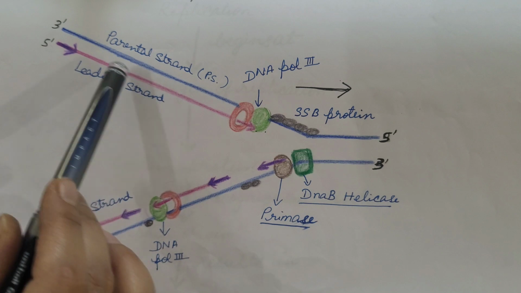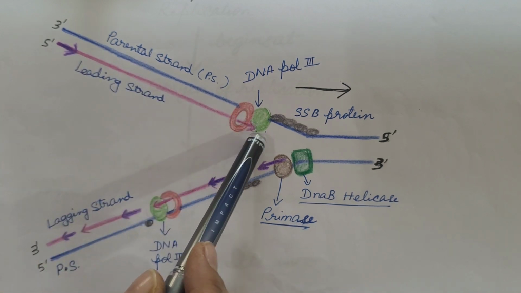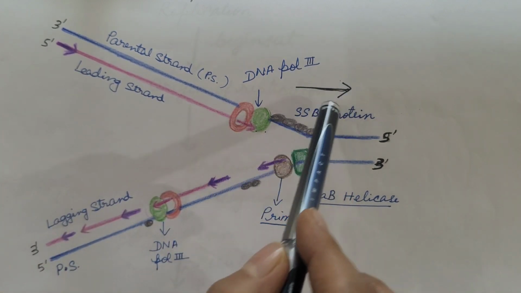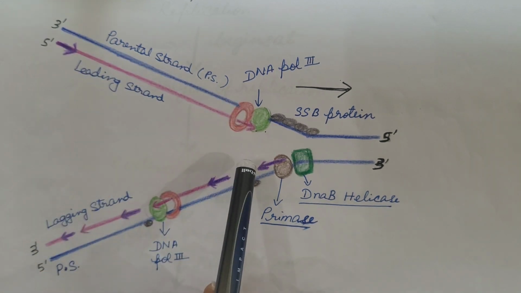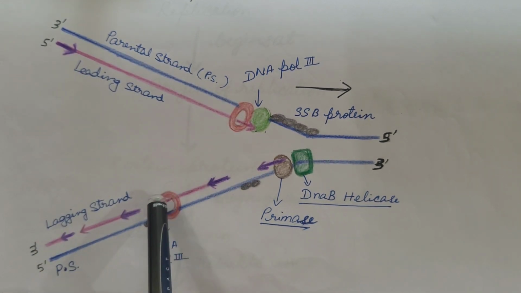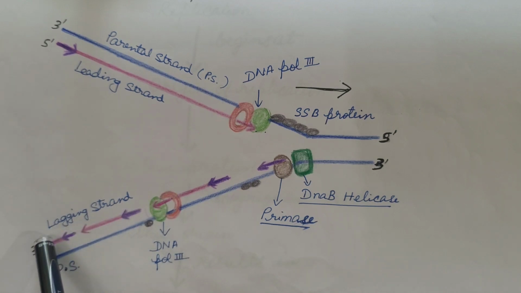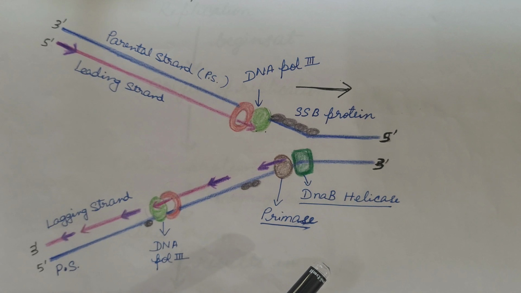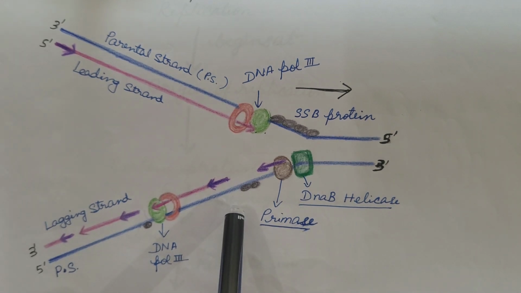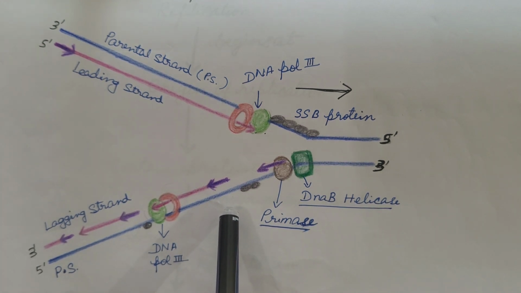One of the strands is synthesized in the direction of the movement of the replication fork, which is known as the leading strand, and the other is in the opposite direction of the movement of the replication fork, which is the lagging strand. But we have already seen that both the strands are synthesized by the same enzyme, DNA polymerase III enzyme, simultaneously.